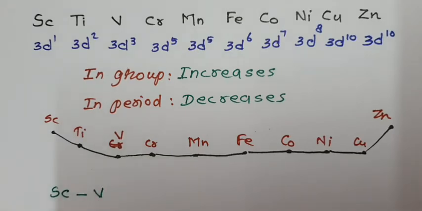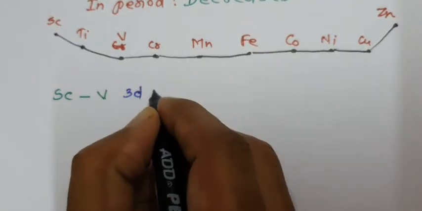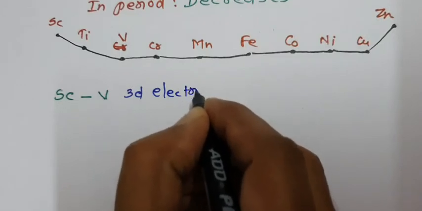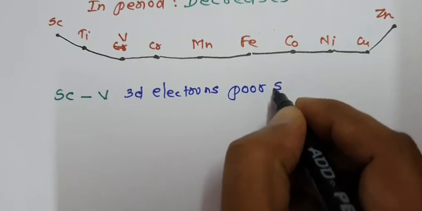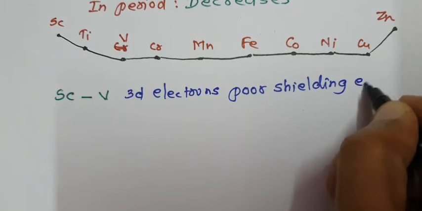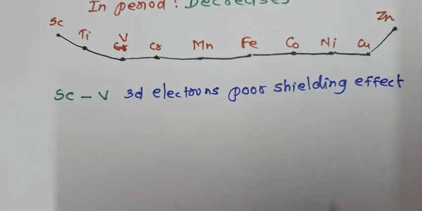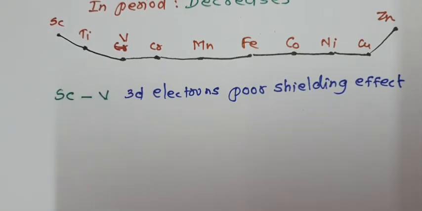We know electrons are added to the 3d orbitals. 3d orbitals have a poor screening effect. 3d electrons have a poor shielding effect. Therefore, the atomic radius decreases as expected.